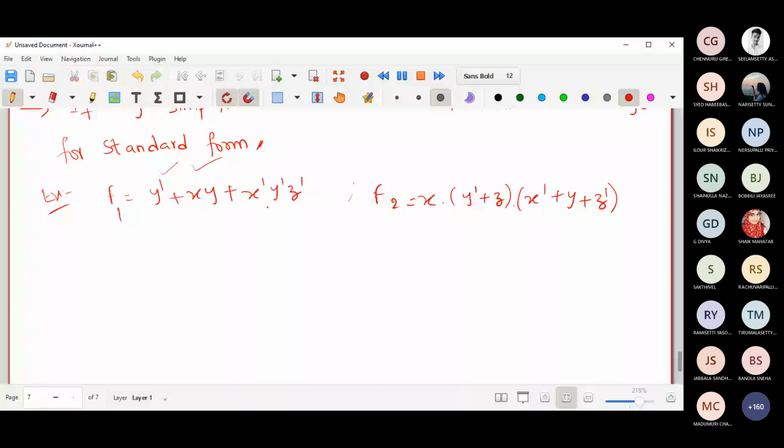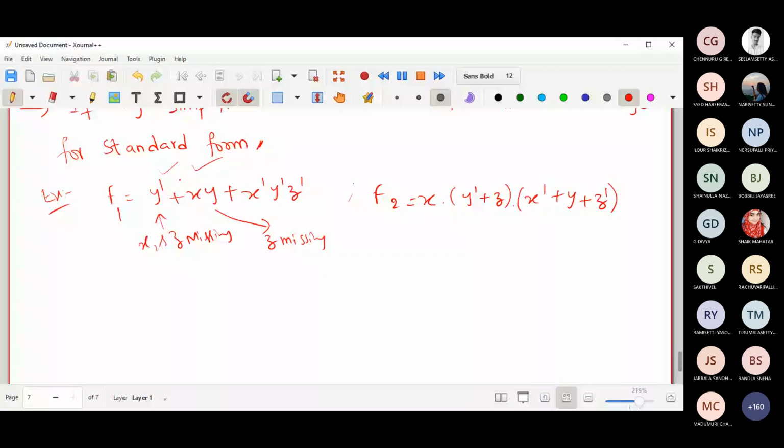If all variables are covered, that is a canonical form. If all variables are not covered in the terms, that is a standard form. Here y bar is the first term, and x and z are missing. In the second term, z is missing. So this is a standard form.